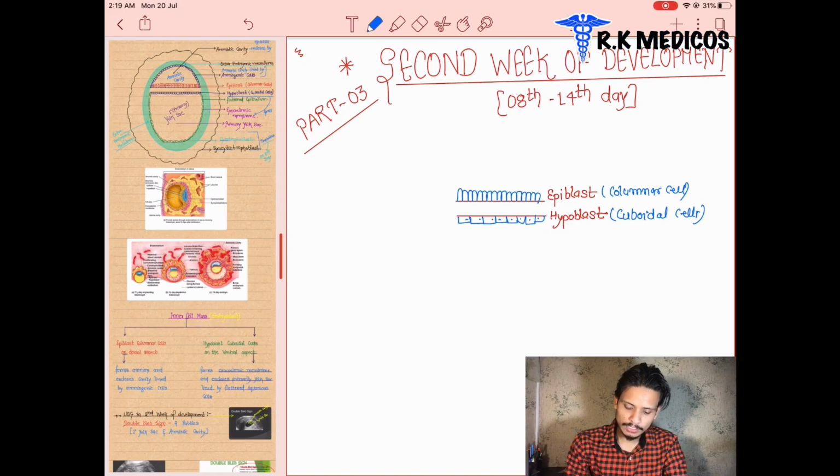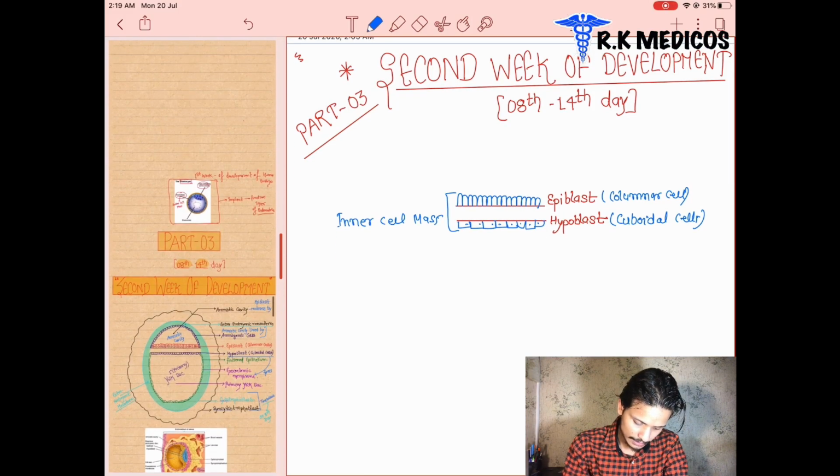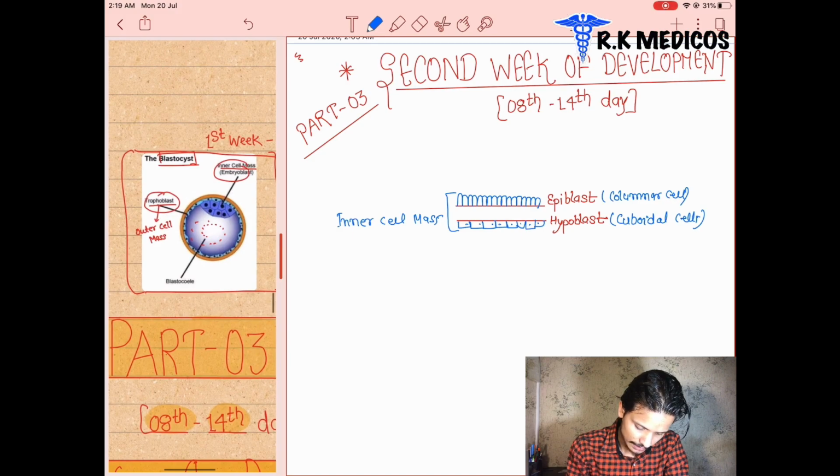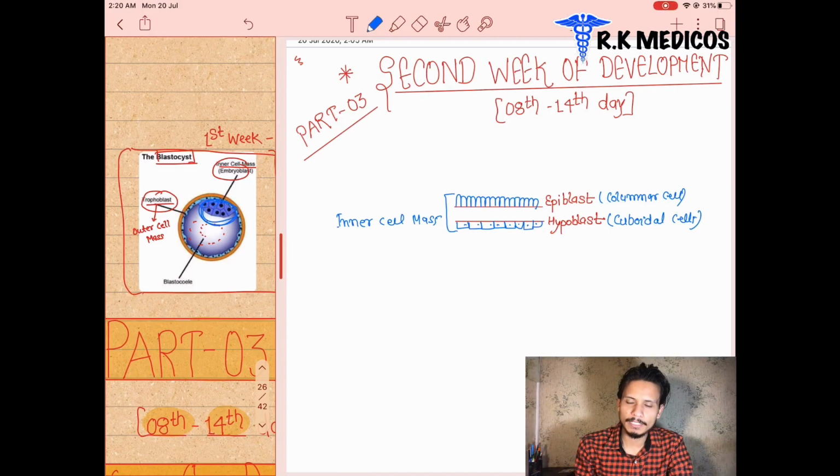Both of these cells form from which layer? The inner cell mass. We are going to draw this picture from here. This inner cell mass, the blue one, is present inside this region. The inner cell mass in the blastocyst stage is about five cells in number.